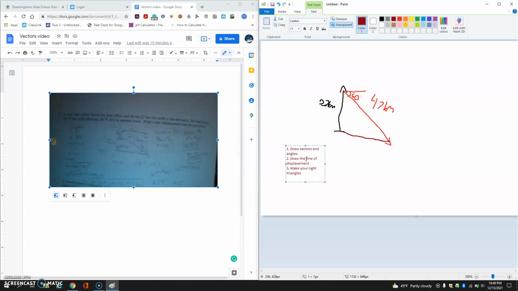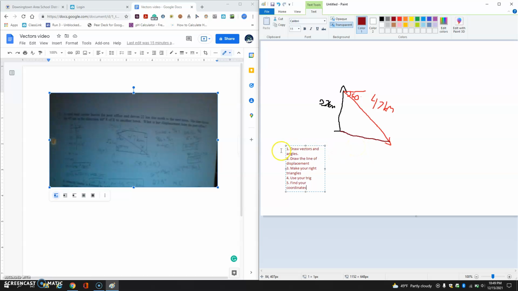You'll see what I mean by this in a second. 4, use your trig. 5, find your coordinates. Okay, so that's how far I'm going to go right now.